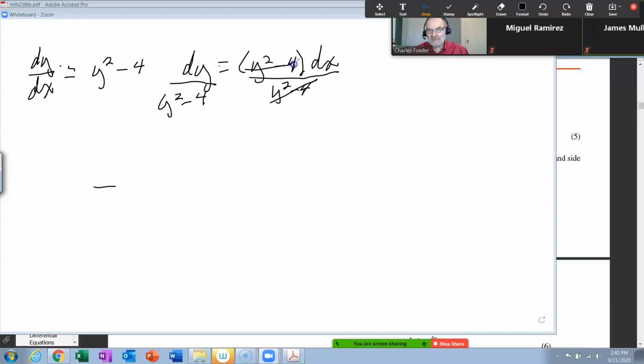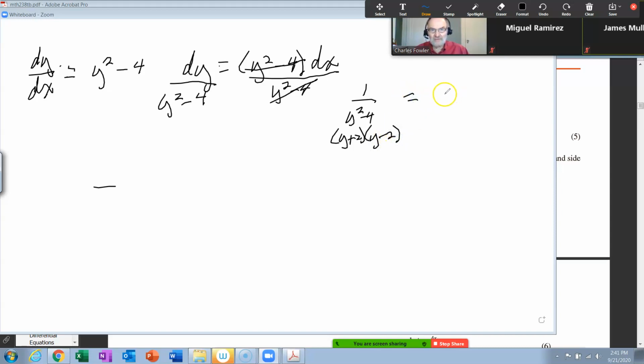And how to solve this one? Well, I would have solved that using partial fractions and done 1 over y squared minus 4, which I would factor as y plus 2 times y minus 2. It's pretty ugly.